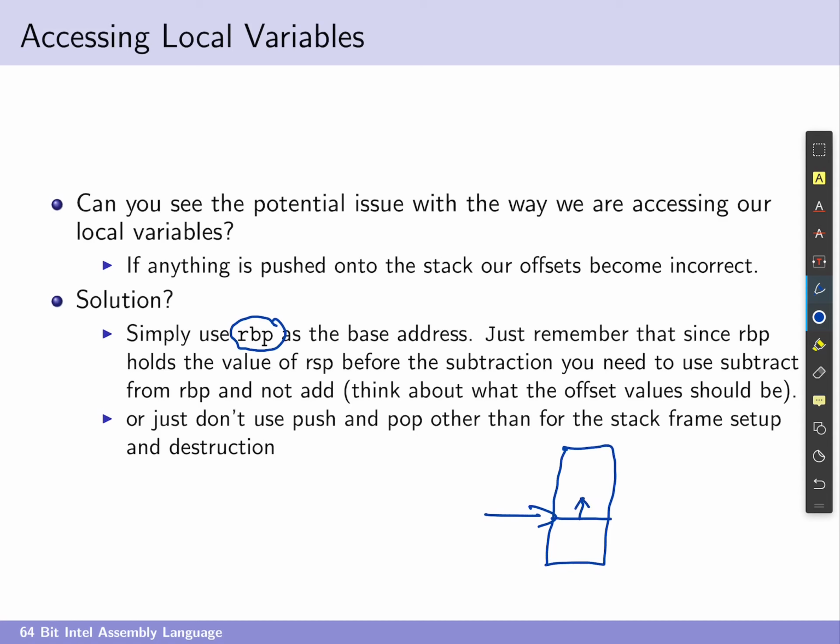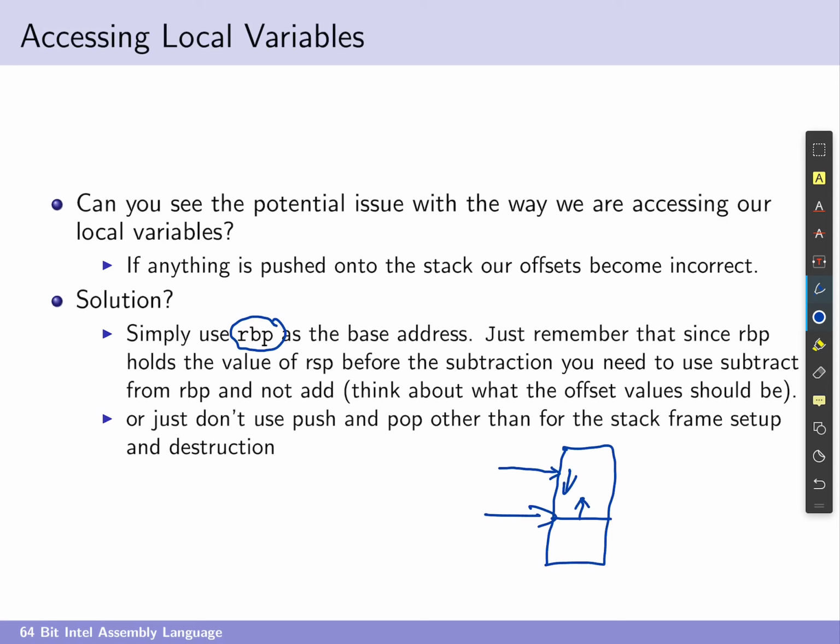So I'm always moving back up in that direction. So that's why I'll always be adding to it. However, RBP is what's saved as the base pointer, so it will be before I've allocated the extra space. So that's why I'll need to be subtracting from it. I need to move downwards in the address space if I use RBP.